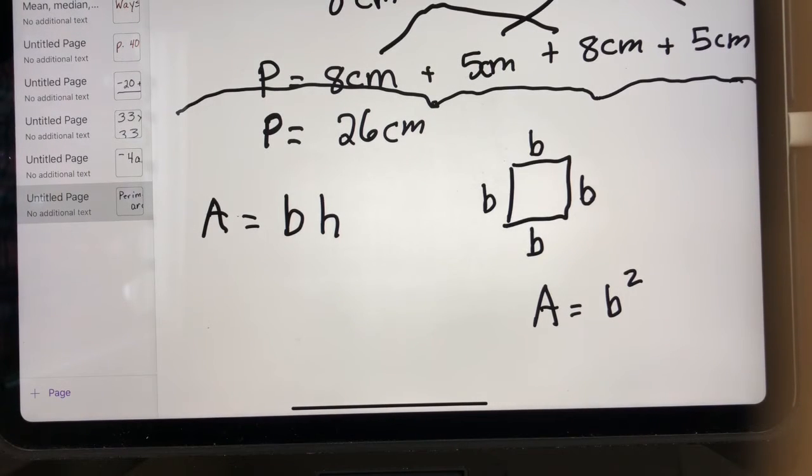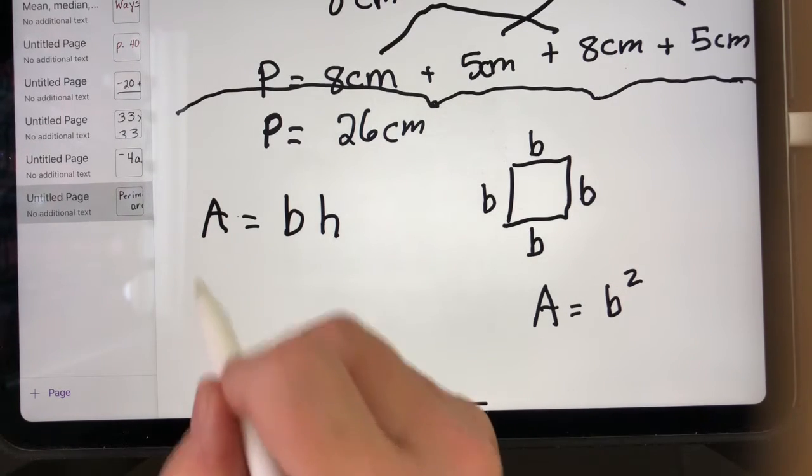But you don't even have to memorize that formula. Why do I not need to memorize the formula for a square? Because you already know how to do a rectangle.